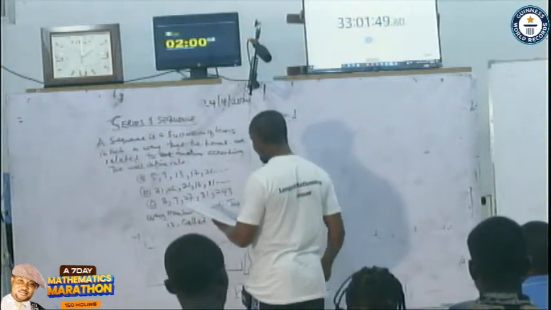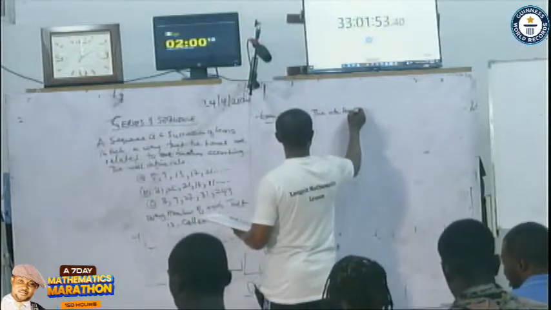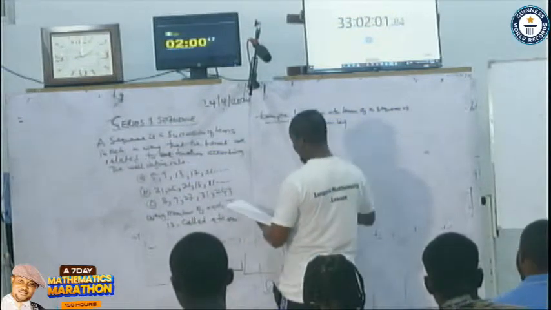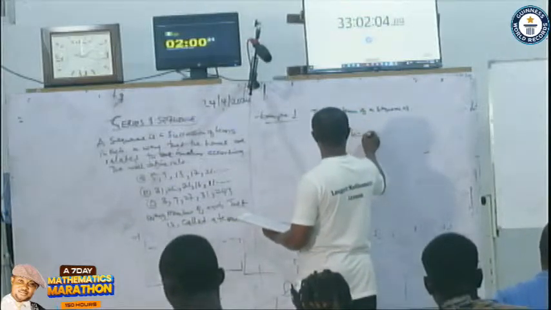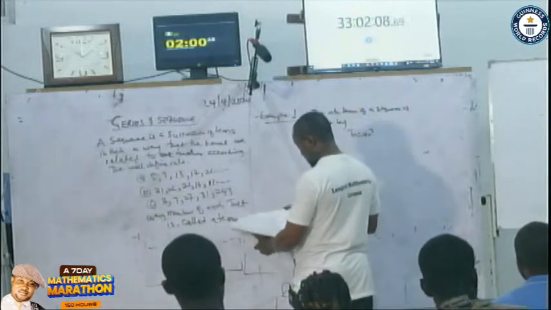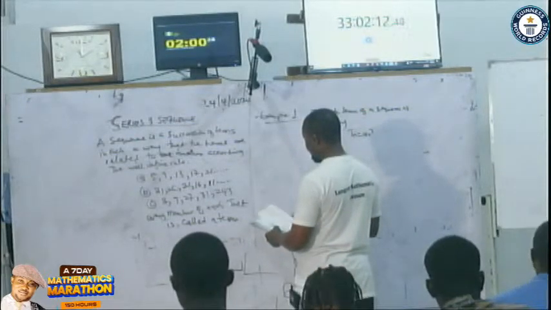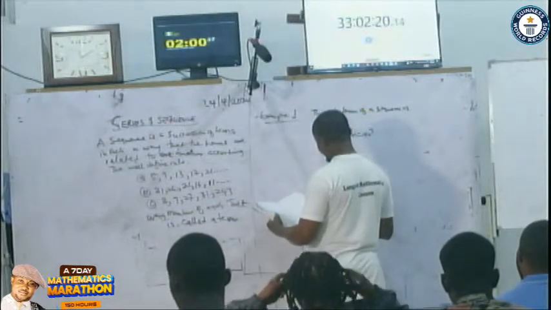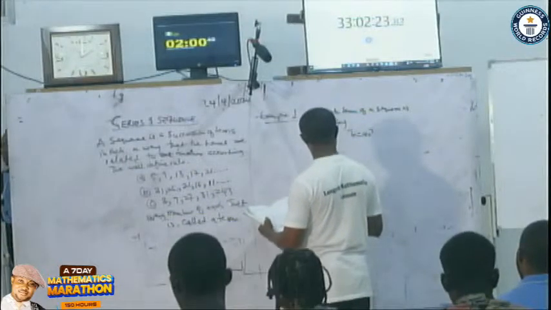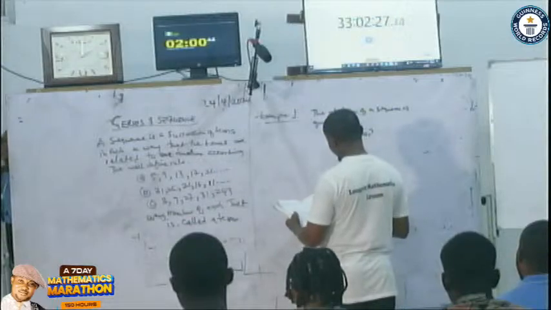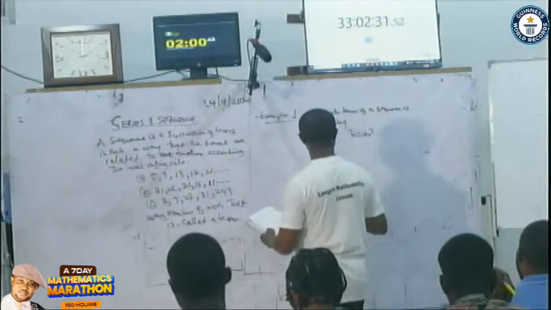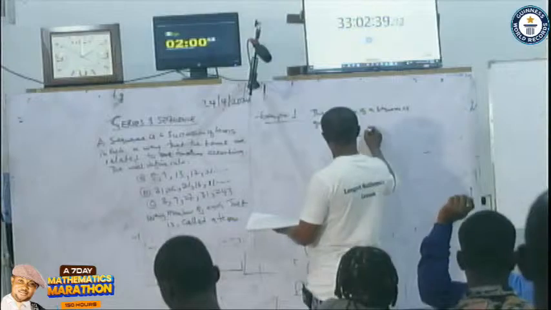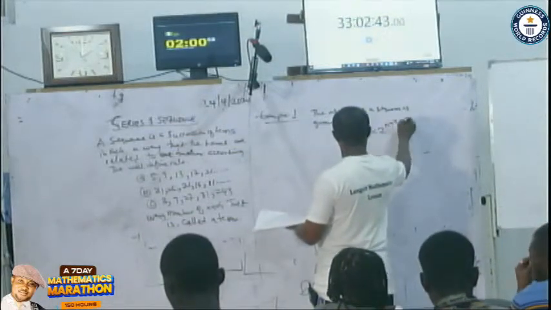The nth term of a sequence is given by Tn equals 3 times 2 to the power of n minus 2.